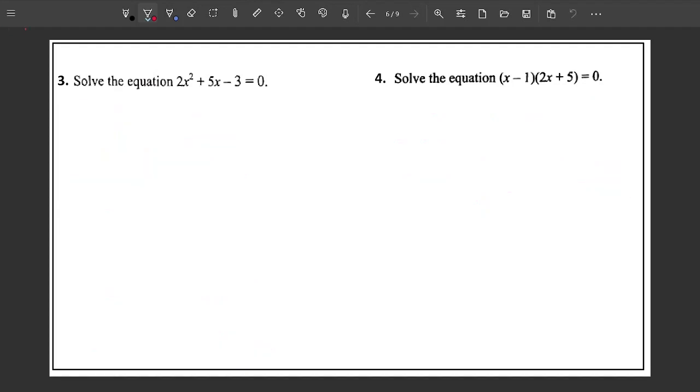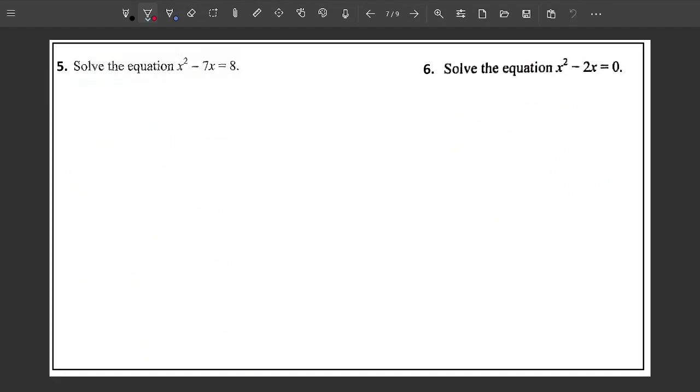So let's answer this one also, number 5. Here we are solving this. Okay, so let's rewrite x to power 2 minus 7x is equal to 8.